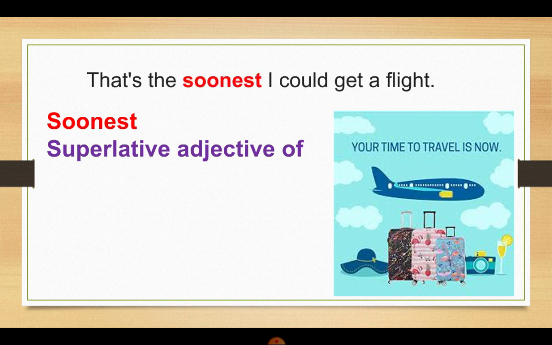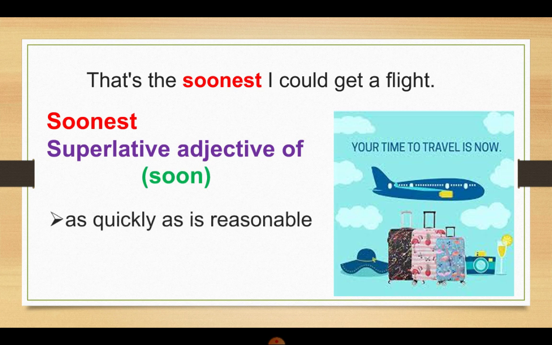The word soonest is a superlative adjective of which word? Of soon. What does it mean? It means as quickly as reasonable, as quickly as possible, even the soonest, the most quickly thing. What change happened to the adjective here? We do nothing to the base word here, we just add est.